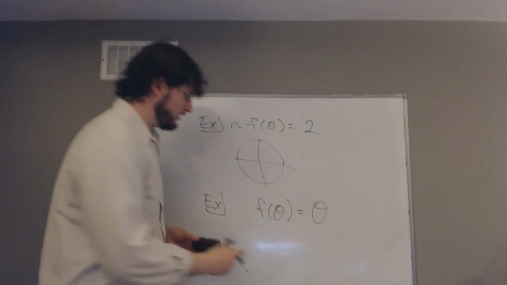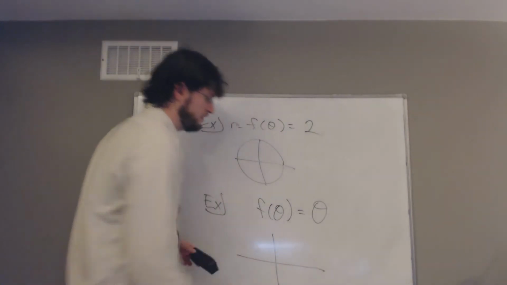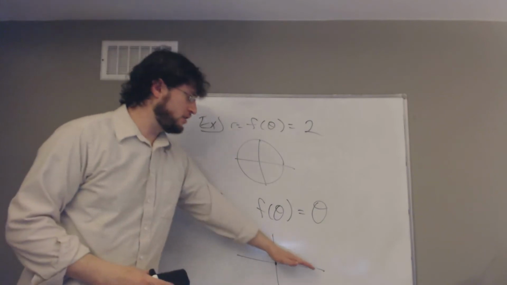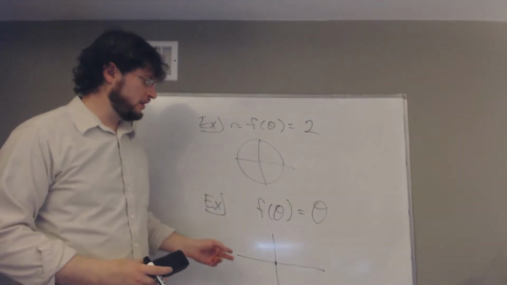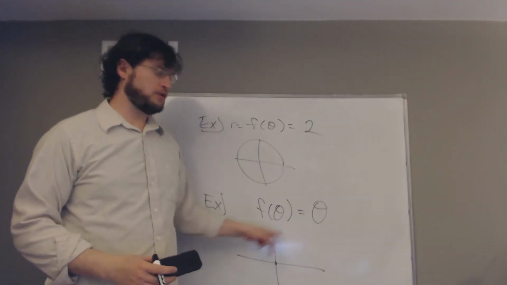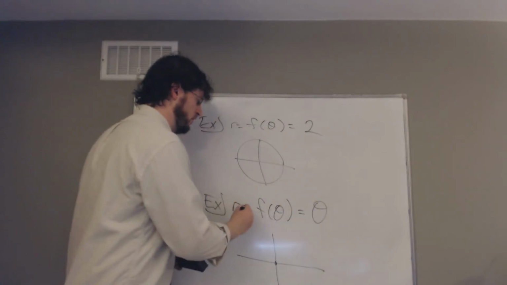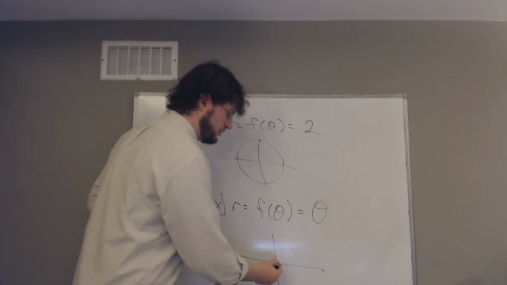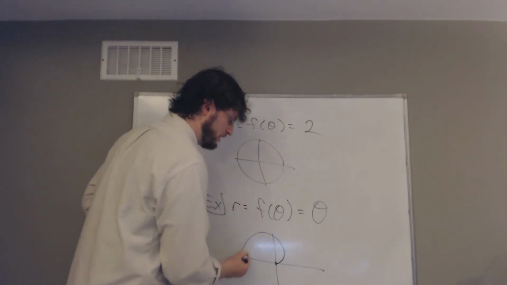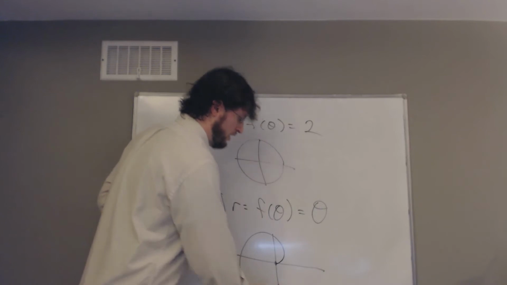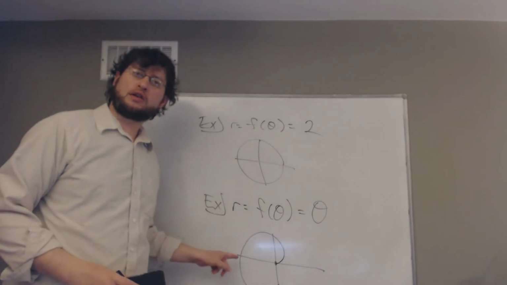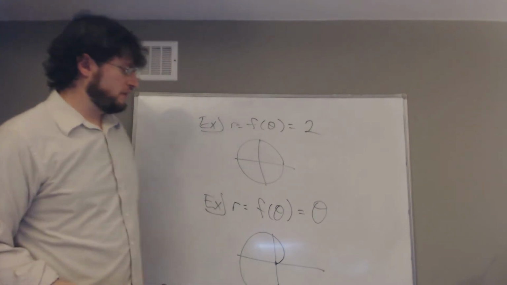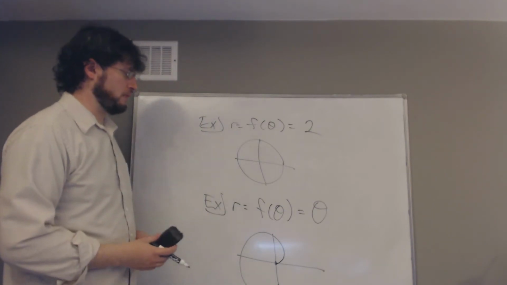Well, that means that when I start at 0, if my angle is 0, my radius is 0, so I'm right down here at the origin. As I start moving around counterclockwise, the angle increases, therefore so does the radius, because r is f of theta, which is theta. So in the end what we're going to get is a spiral shape, because as I move around counterclockwise, the radius gets bigger and bigger and bigger. So this will create a spiral shape for us.